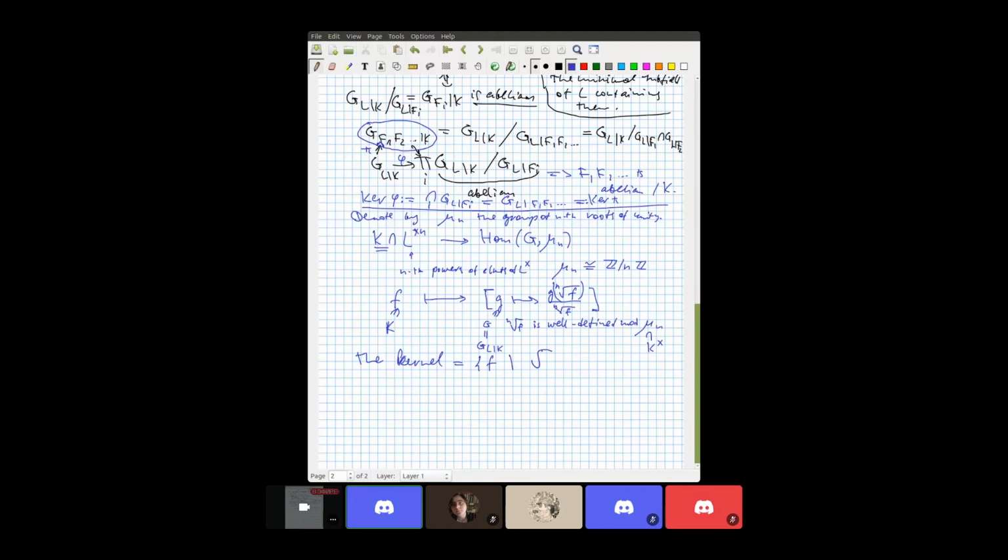And therefore this simply means that it is nth powers of elements of k. And so the conclusion is that we get an injection of this group modulo the nth powers of elements of k into homomorphisms from G to mu n.